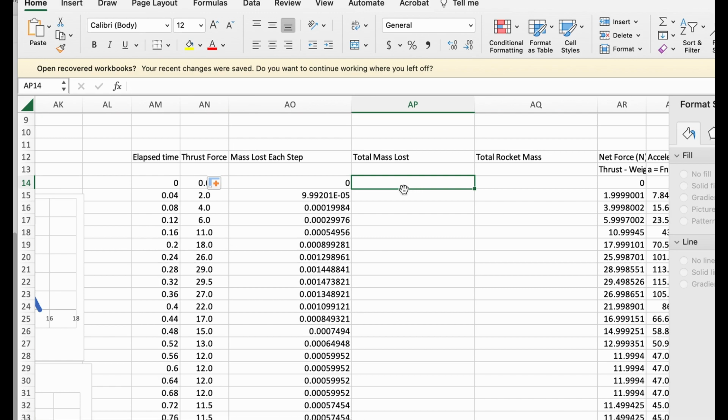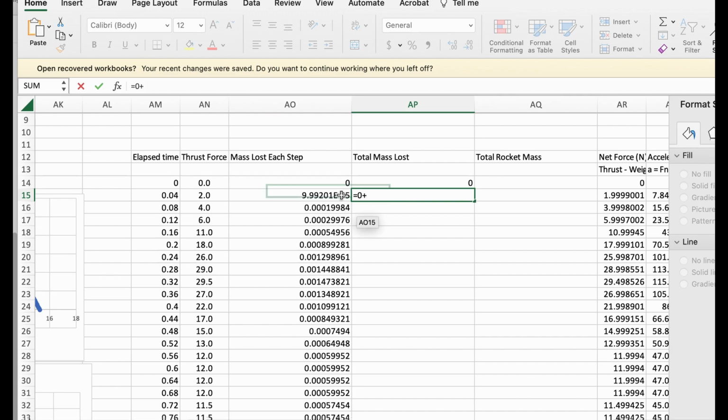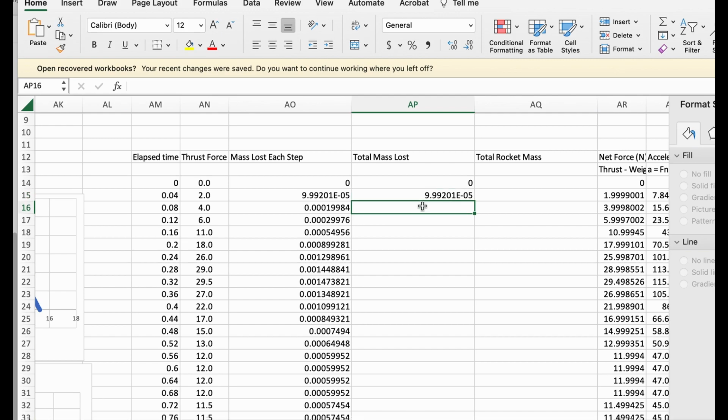Okay, now if that formula is put in right, then our total mass lost could be a sum of all the masses that were lost here. I could just add them up. We'd have 0 there. So start with 0 and then add the mass lost right here. And whatever you lose there just goes into the total. And then for that next step, you take the previous mass that you had, AP15, and add in the next increment that was lost.